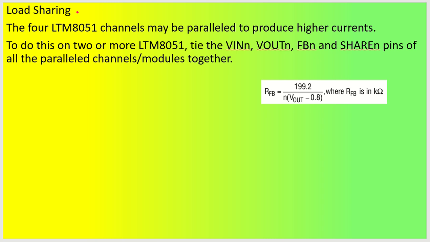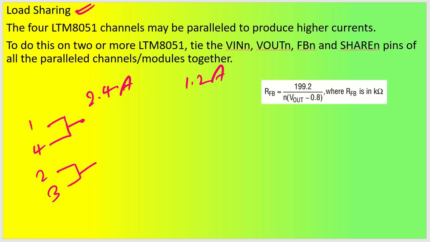Coming back to load sharing, what I mean is, let us say you have a requirement of 2.4 ampere rating. 1.2 ampere it is going to give you per channel, so two channels you can put together. So this is how you will be load sharing. Channel 1 and channel 4 you can load share, and then channel 2 and 3 also you can load share.